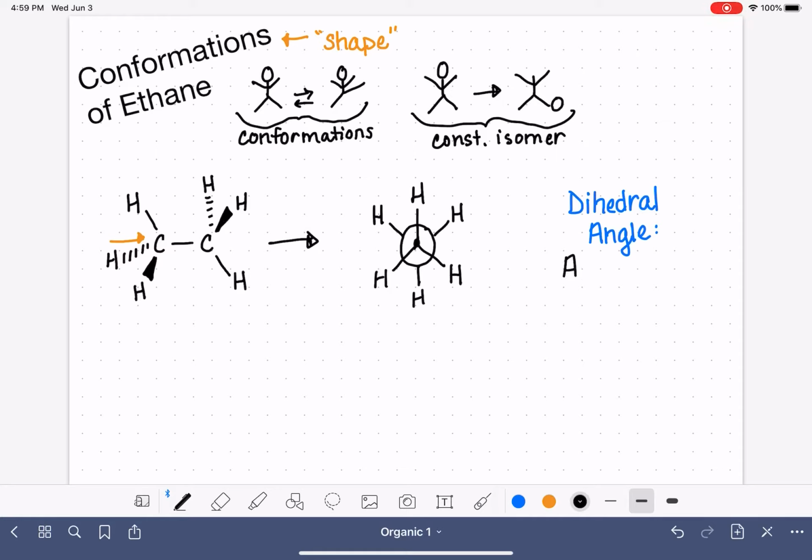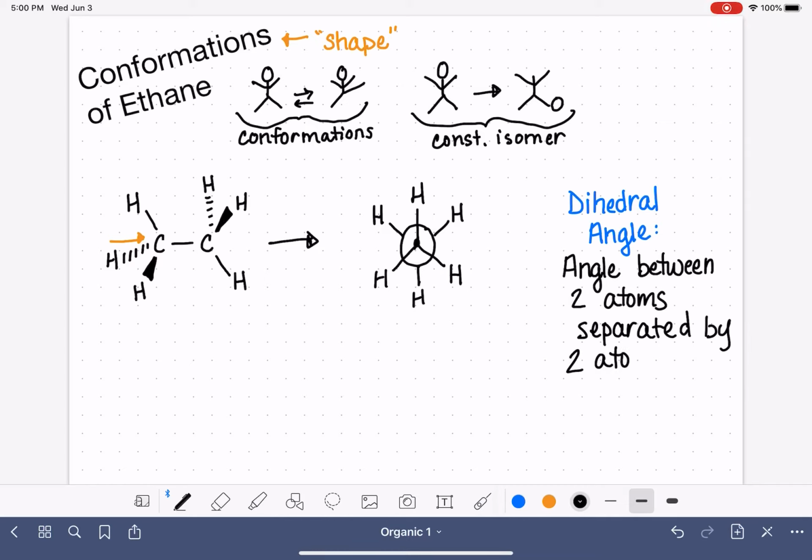This is the angle between two atoms that are separated by two atoms. Angle between two atoms that are separated by two atoms.